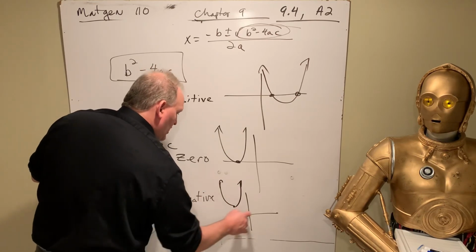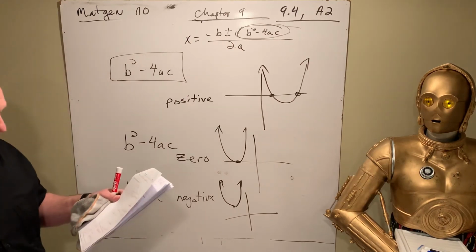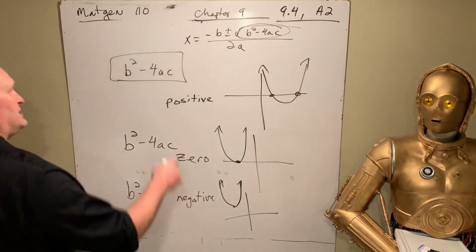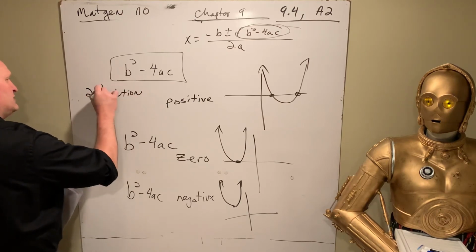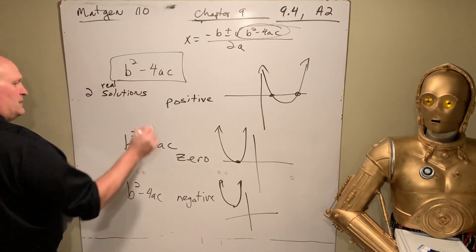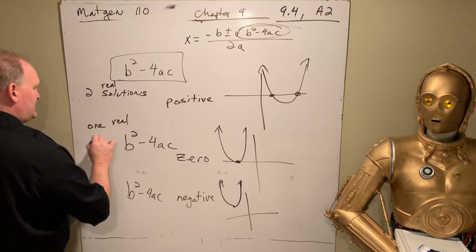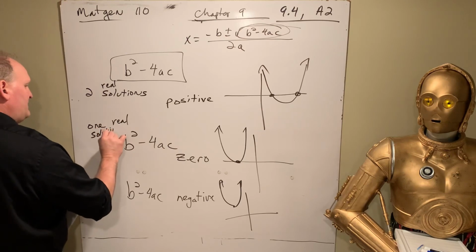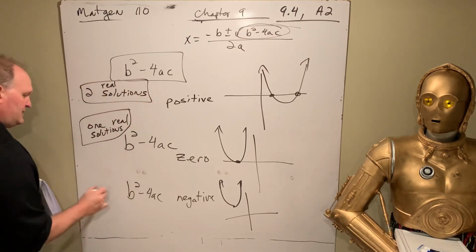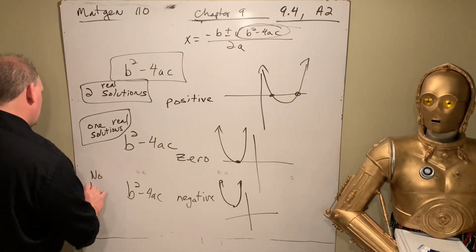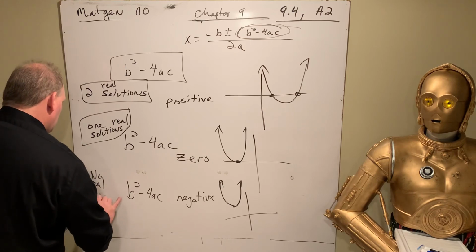And that won't cross the x-axis in any real part. Those are called complex or imaginary numbers. So this is 2 real solutions. This is 1 real solution, 1 distinct. That's called multiplicity when that happens. It counts as 2. And this is no real solutions, but it actually has 2 complex or imaginary solutions.